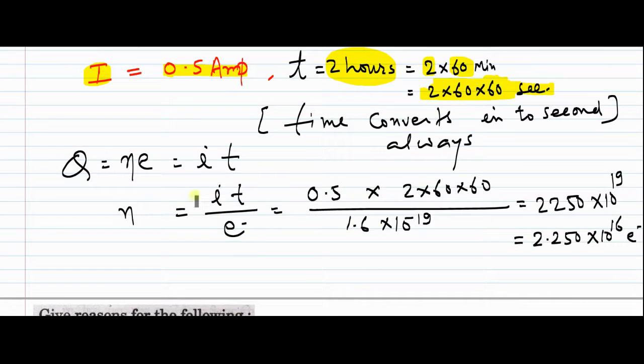N is equal to It upon e. I की वैल्यू, t और इलेक्ट्रॉन का चार्ज, n is equal to 2.250 × 10^16 electrons.